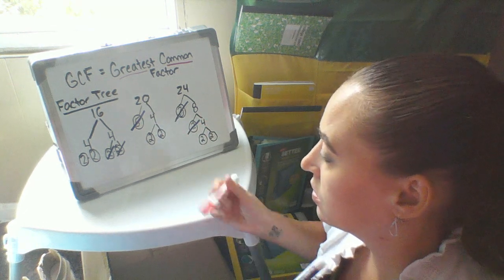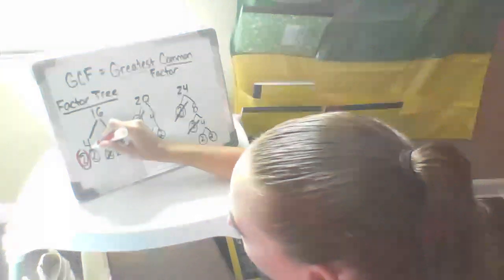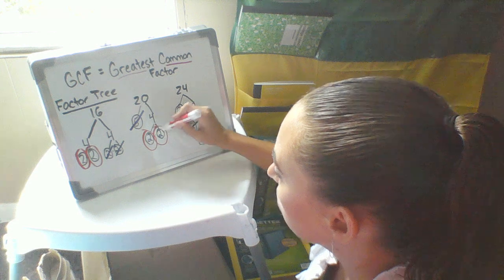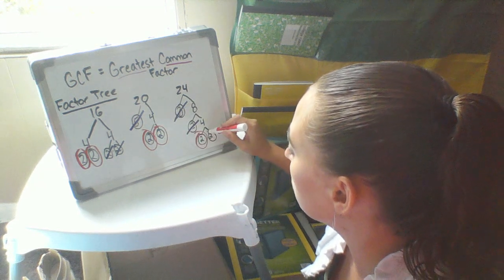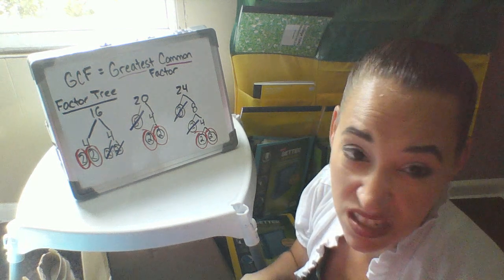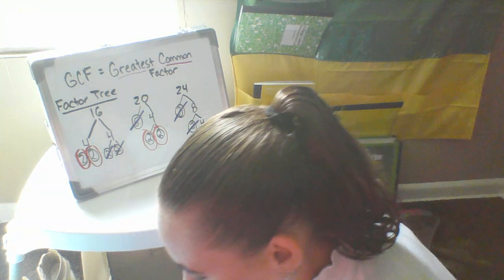So now, do I have the same common factors with all 3 numbers? Let's check. I have 1 2, 2 2's, 1 2, 2 2's, 1 2, 2 2's. All right, so that was step 2.